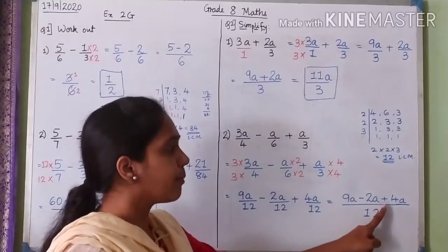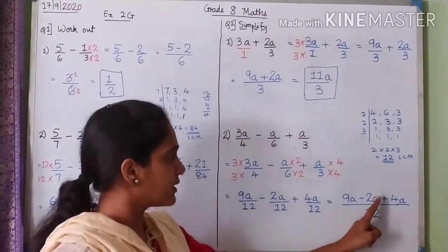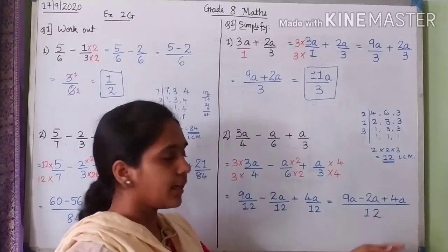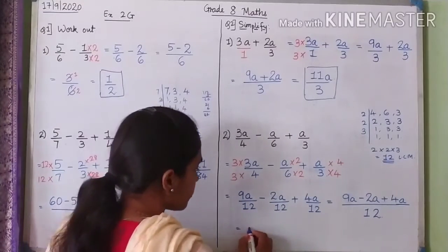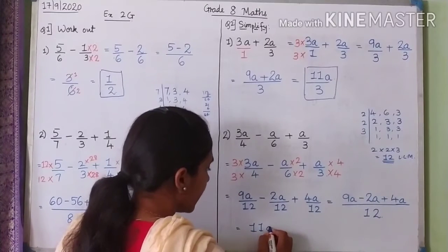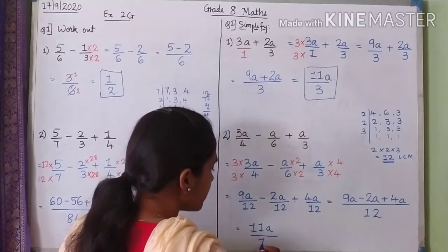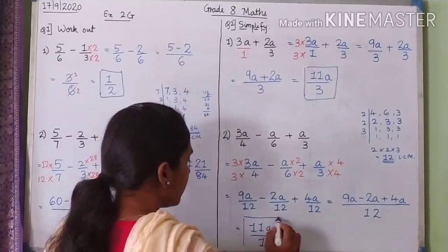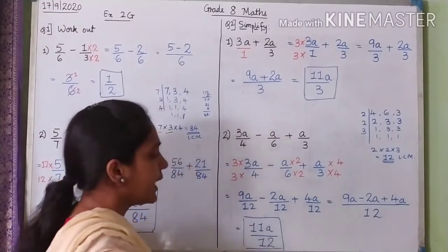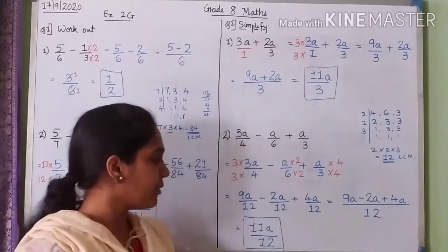So 9a minus 2a is 7a. 7a plus 4a is 7, 8, 9, 10, 11. Okay, so we get 11a. So the numerator becomes 11a and the denominator is 12. And we cannot further divide this. So this is our answer. 11a divided by 12 is our simplified answer.